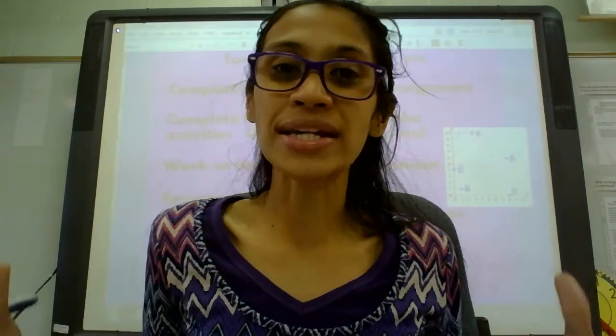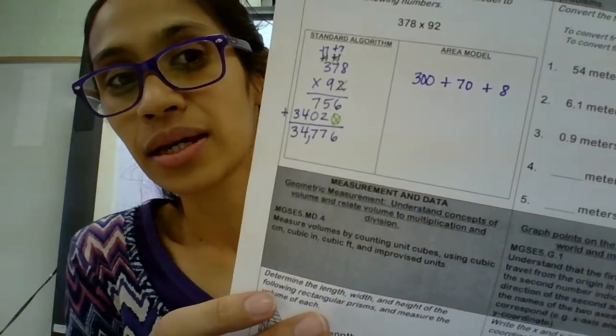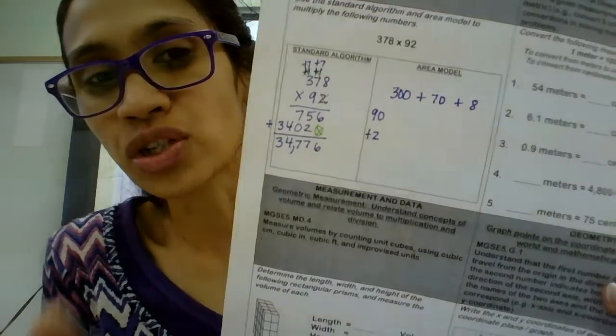Let's do that one. So remember, we are going to write each number in expanded form. So 378 is what? 300 plus 70 plus 8. Bam. And then 92. You need to write 90 plus 2. Okay? Make sure you write that.